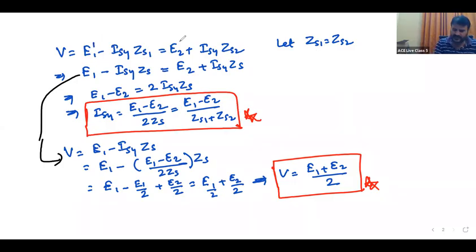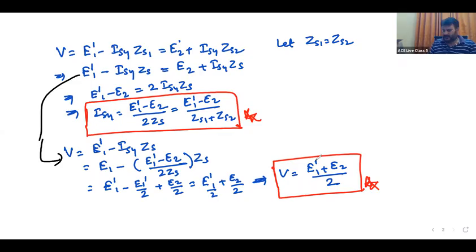And E2 is the same; E2 I am not increasing. Wherever E1 is there, after increasing, it becomes E1 dash. So V is E1 dash plus E2 by 2.